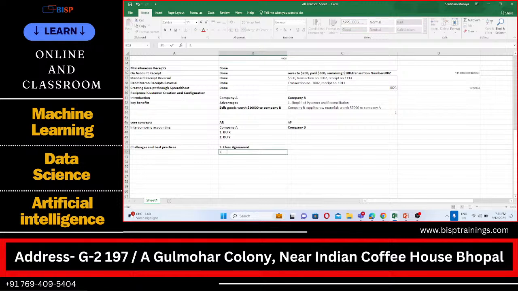The second best practice is frequent reconciliation. Regularly reconcile the receivable and payable amounts to avoid discrepancies. This is particularly important when dealing with high transaction volumes. The third best practice is to use automation.